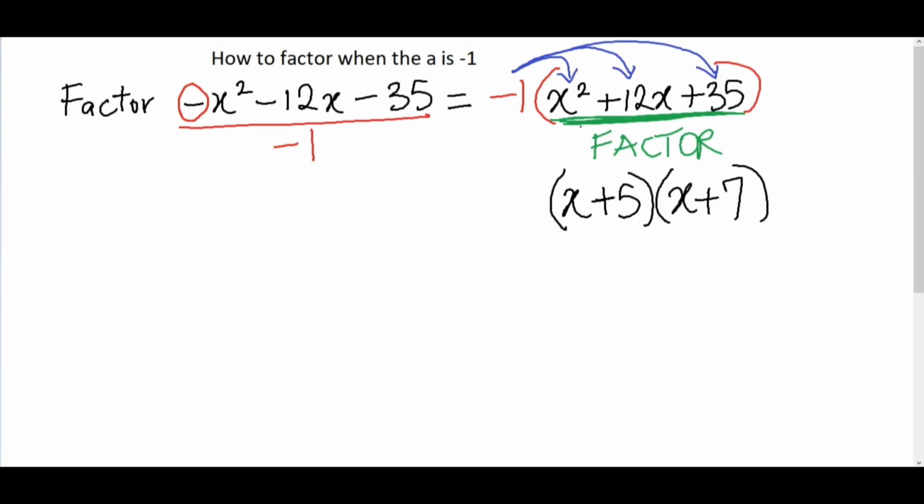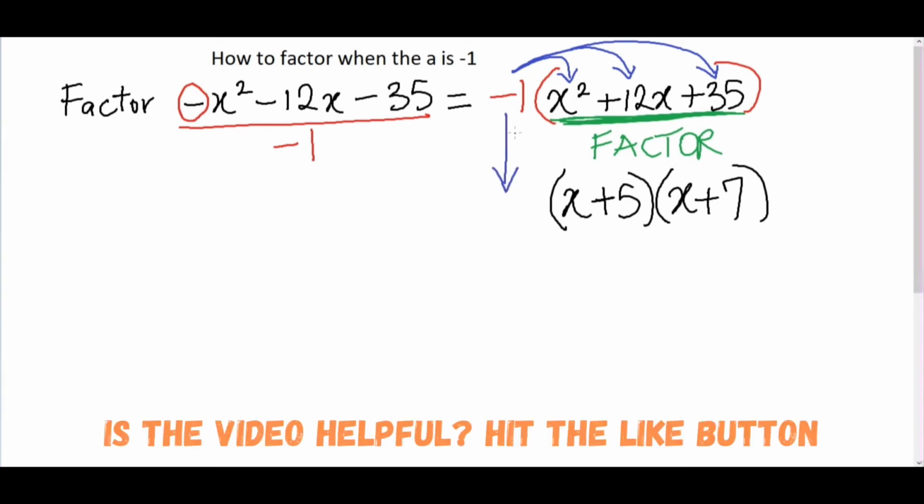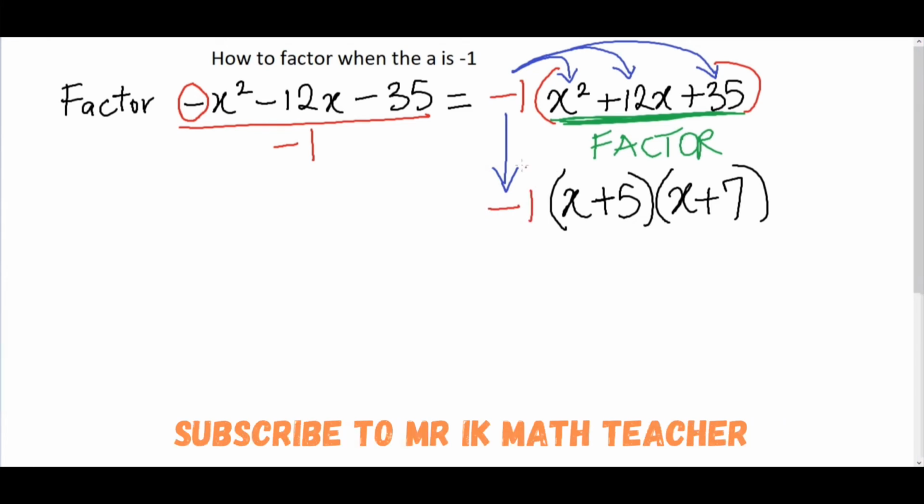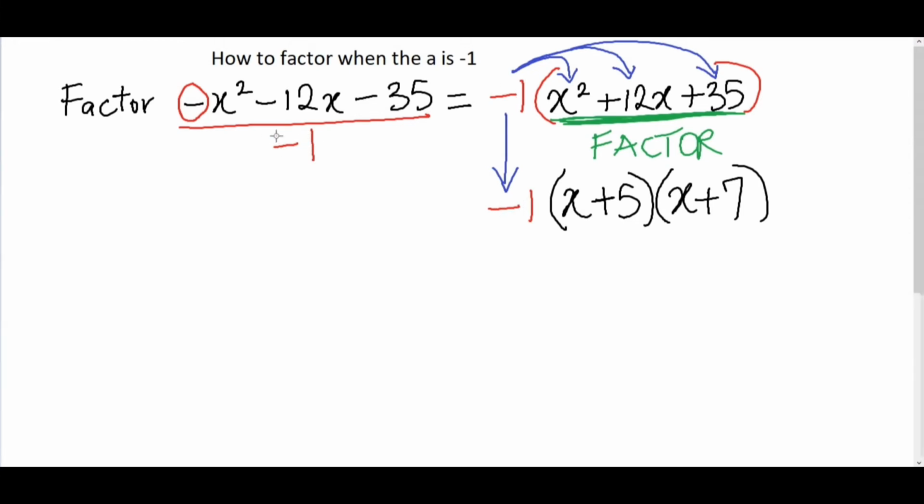But here is the most important part of this. You have to bring down the -1 as well as part of your answer, because remember, you took the -1 out of the problem at the start. So you need to make sure to put it back when you write your final answer.